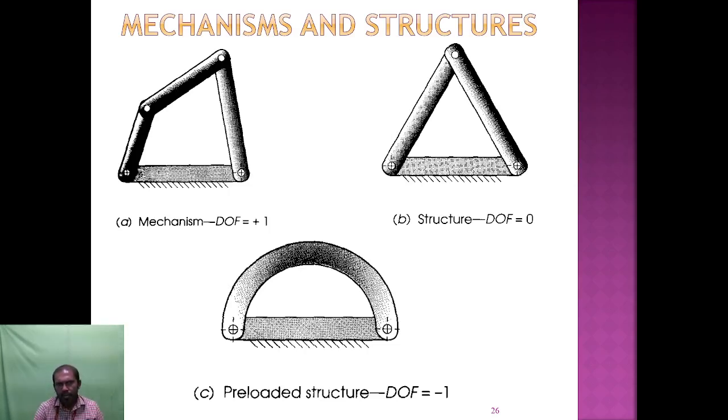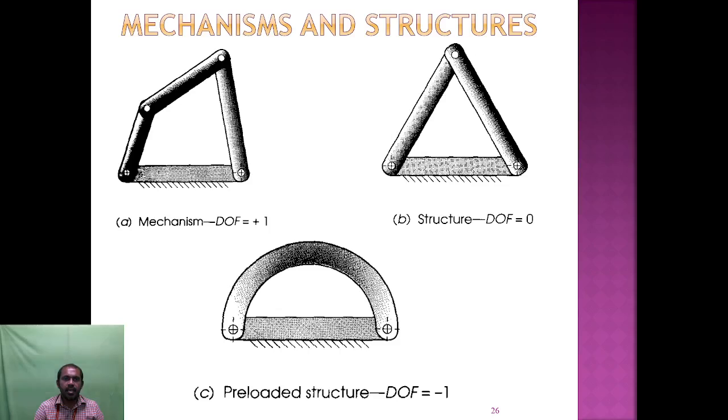Here, the first diagram has 1, 2, 3, 4, 4 links. How many joints? 1, 2, 3, 4, 4 joints and 4 links. The links are binary links. Here link 1 is grounded, so we consider link 1. Link 2 is a crank link, because it is a rotating element.